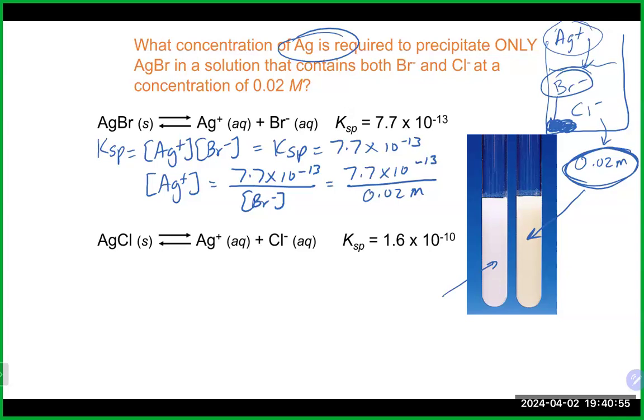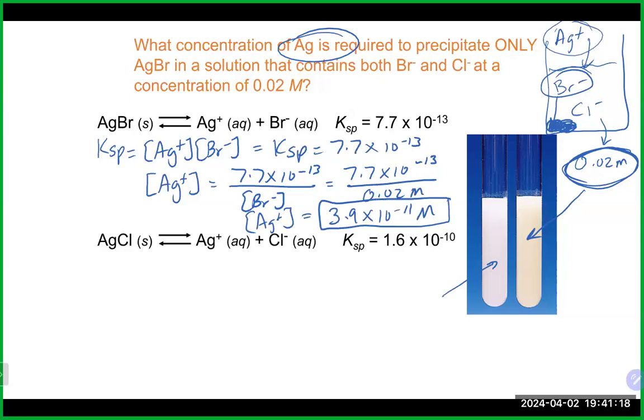It's also our concentration of chloride. And if we do that, 7.7 times 10 to the minus 13 divided by 0.02 will give us 3.9 times 10 to the minus 11 molar as our silver concentration that is needed.